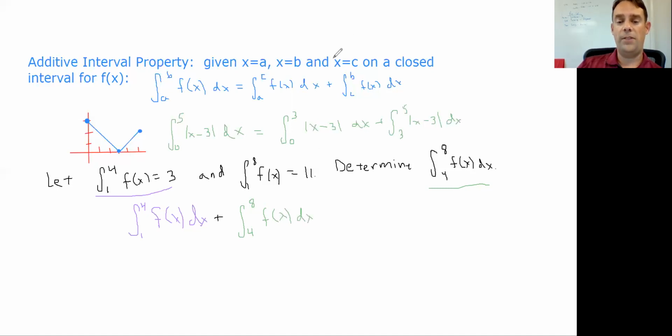And if I were to add these two together, notice the lower of this one equals the upper of this one. So what I'm really looking at here is I'm taking it from 1 to 8.